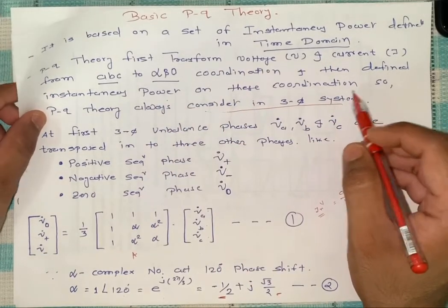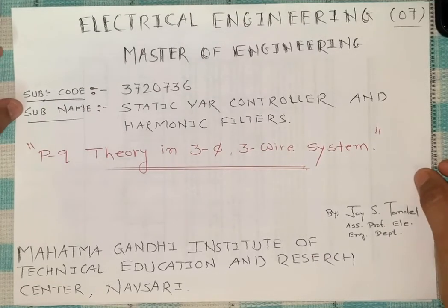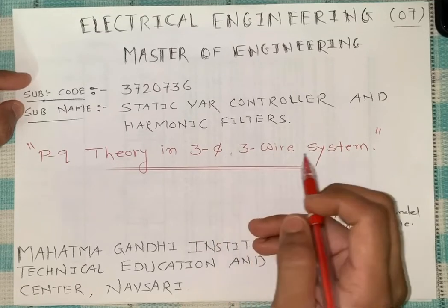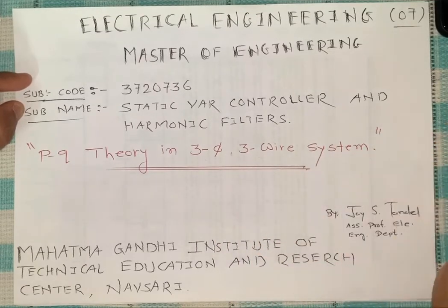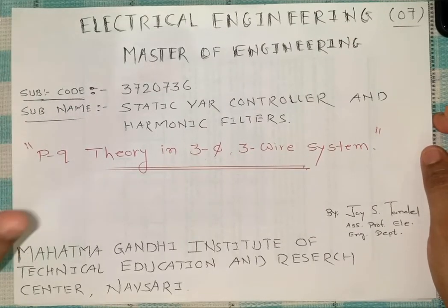PQ theory always considers three-phase systems, three-phase 3-wire and three-phase 4-wire. Today we discuss PQ theory in the three-phase 3-wire system. First, zero sequence is absent, we know that. Imbalance, there is no neutral.